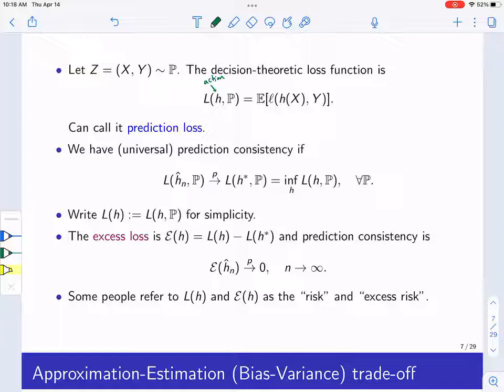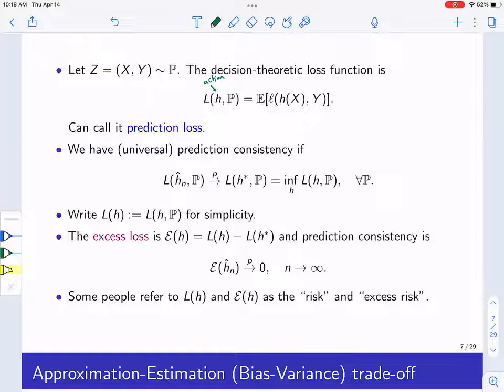There is also the excess loss. Some people call it excess risk because they call this a risk. So this is L of H minus L of H star, the difference of these two. Prediction consistency is basically saying that this excess risk of H hat n converges in probability to 0.